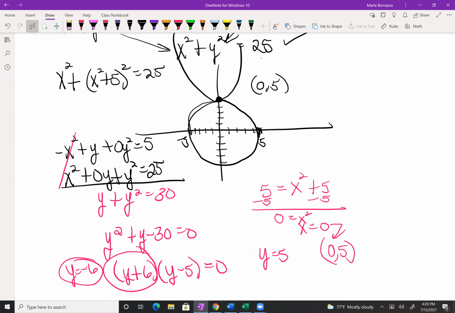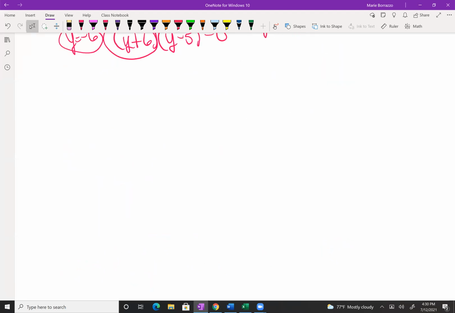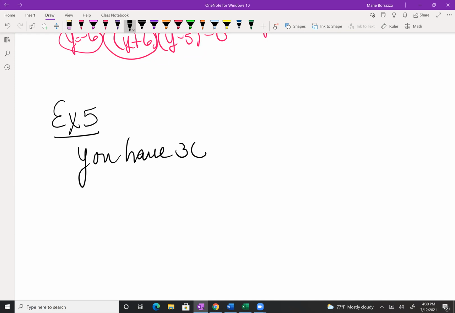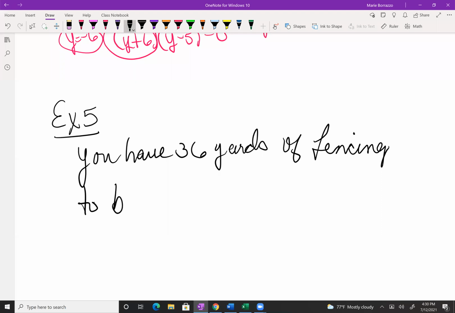All right. And example 5. In example 5, it says you have 36 yards of fencing to build an enclosure, okay, and then they give you a picture which I'm going to share with you in a minute.